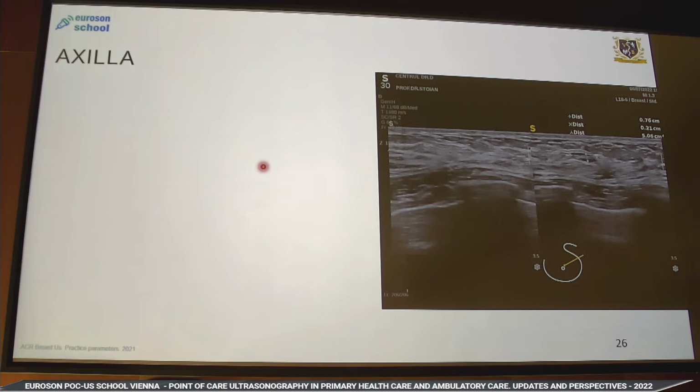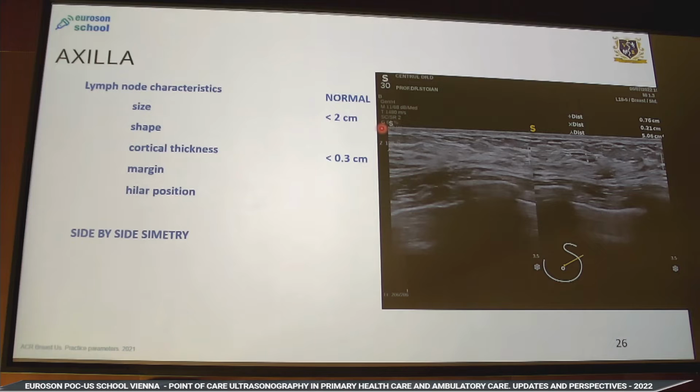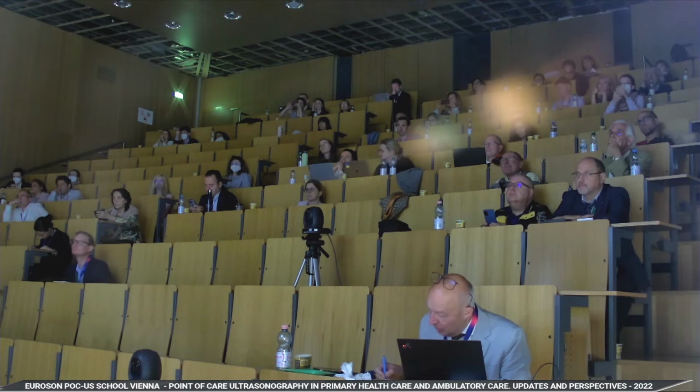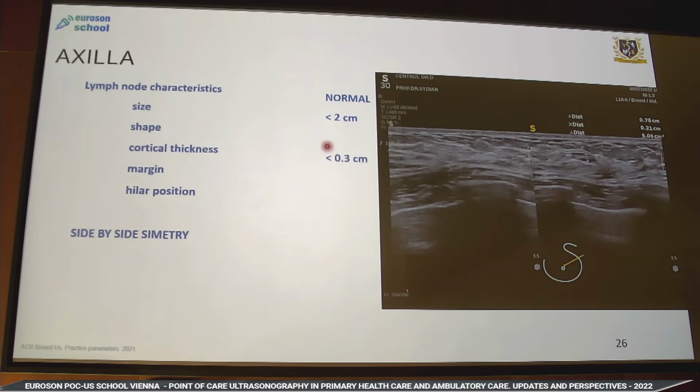What else? Just a short note on the axilla, and then I have to finish. I'm not a specialized radiologist, and I do not want to become one. Rules for lymph nodes: you always get to see at least one lymph node in the axilla. It should be lower than 2 centimeters, the ratio between the longest and the shortest axis should be below 2, and the cortical thickness should be less than 3 millimeters.